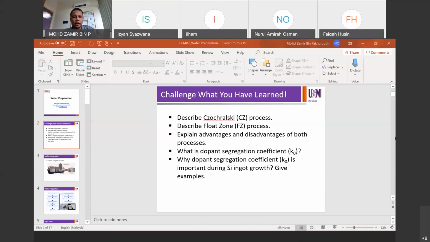So Czochralski and float zone process, what is the difference between those two processes? What can you highlight as differences between float zone and Czochralski process? Let's just lump the questions together as one. What are the main differences between the two processes?